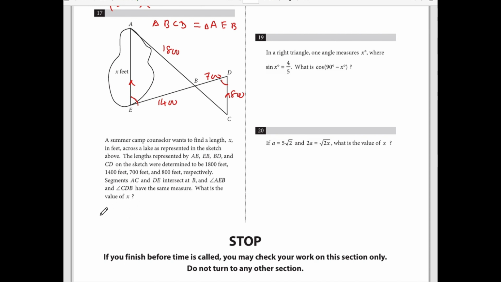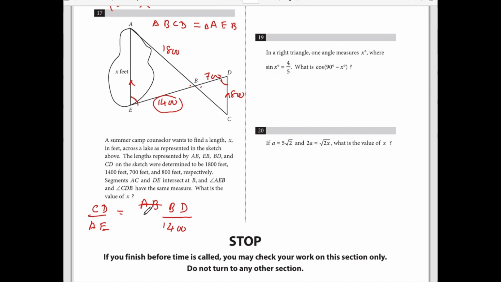So CD divided by AE, these two are corresponding sides, equals BD. We have been given BD, and what's the corresponding side for BD? It should be the side between this angle and this angle. So it is this, 1400.